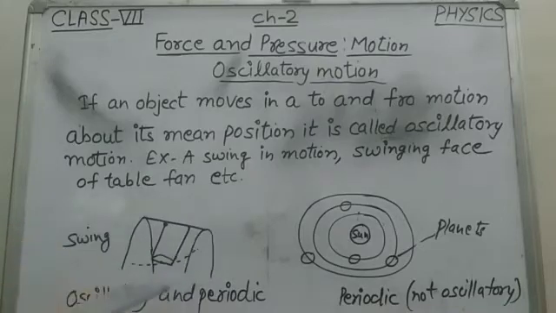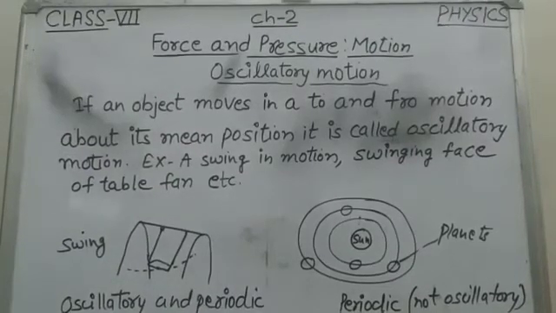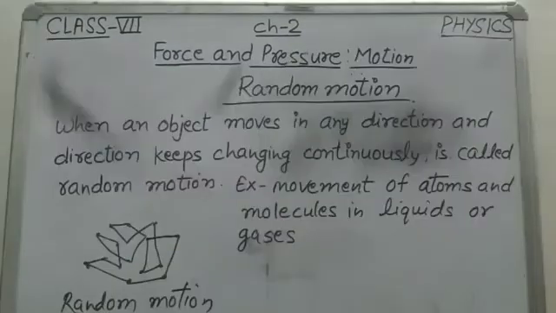So a swing is an example of oscillatory motion as well as periodic motion. On the other hand, the revolution of planets around the sun is a periodic motion but not oscillatory motion. It means they are not moving to and fro about their mean position. So this is periodic motion but not oscillatory.